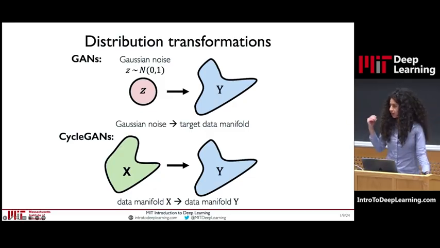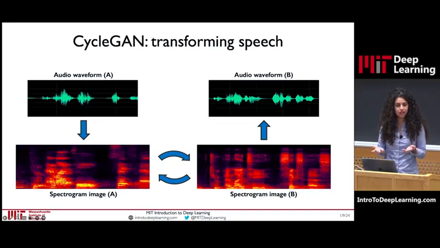And earlier in the prior lecture, there were some questions about how we actually generated that operates on images of spectrograms, which are the conversion of an audio waveform to a spectrogram image, and effectively we built a cycloGAN model that can transform speech from one domain to speech of another domain.